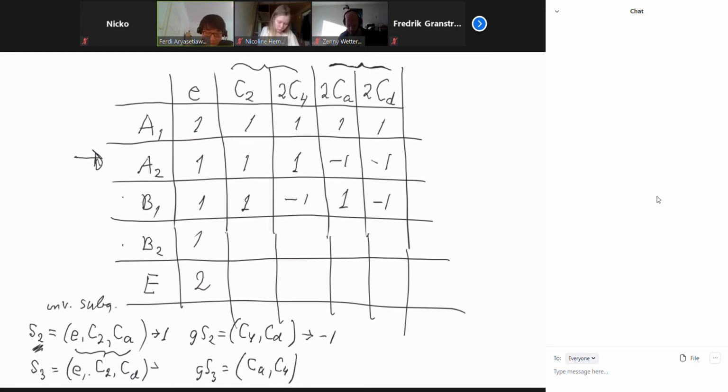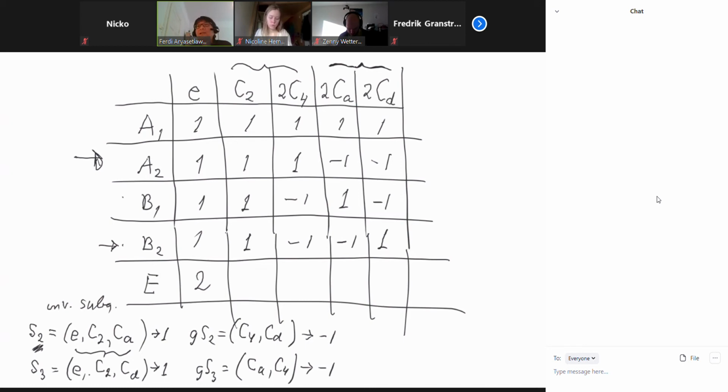We associate S3 with 1, because that's the unit element of the factor group, and this one with -1. So we can fill in the rows for B2 for this representation. So we have C2 and CD, now 1 here and 1 here, and CA and C4 become -1, -1, like this.